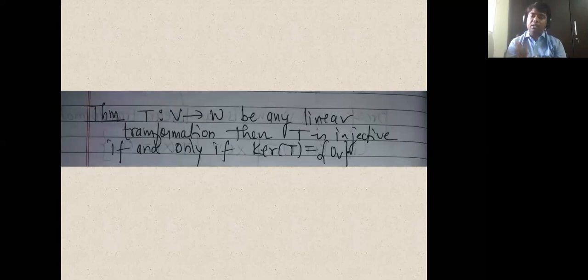And if I find the kernel is equal to singleton 0, then I can say directly T is a 1-to-1 mapping, or say T is an injective mapping. Okay, this is tomorrow's first theorem, and many more theorems. One more theorem is the rank nullity theorem, and the matrix associated to the linear transformation. A lot of things are there. Means we need some time to finish off this chapter.